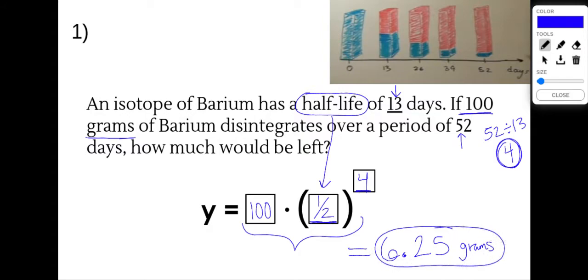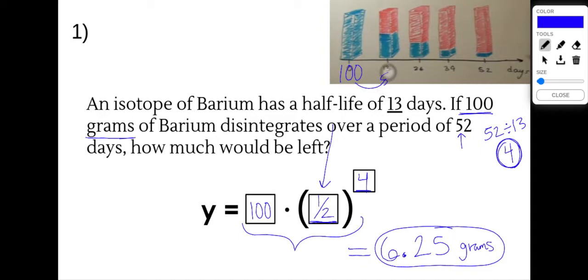Now I want to model really quickly how this is actually working. So I'm going to get rid of some of this stuff here so I have a little bit of space. Okay, so I want you to go back up to this picture. Right at the start, we have 100 grams of barium. You see, it's all blue. After 1 half-life, which is a period of 13 days, it gets disintegrated in half.